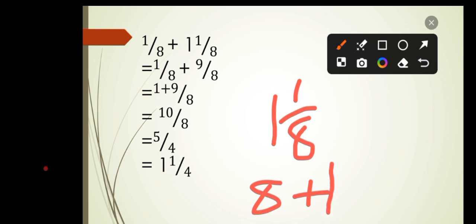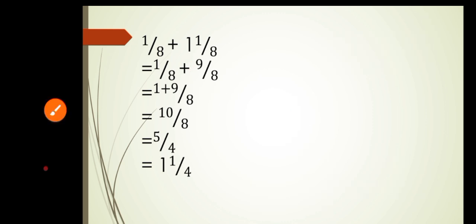Plus this numerator 1 gives us 9. That is how we have this 9, which gives us 9/8.